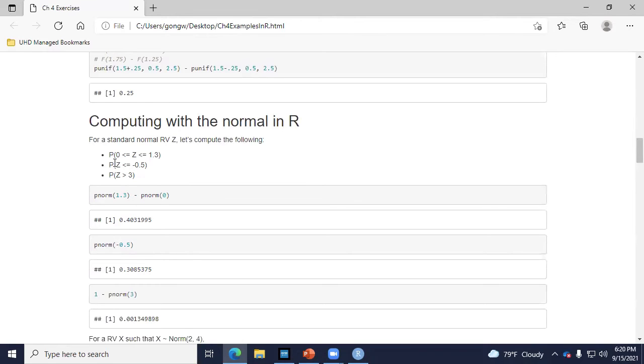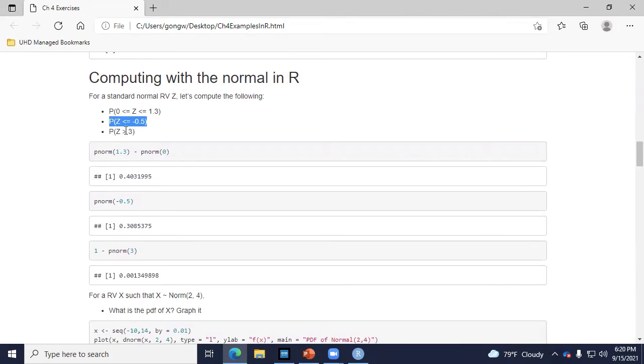And for Z less than or equal to negative 0.5, we just directly use pnorm because this is our CDF, a less-than-or-equal-to. Z greater than 3 is the opposite of the definition of the CDF, so we have to transform it back to less than or equal to something.